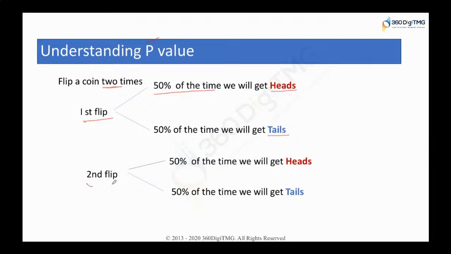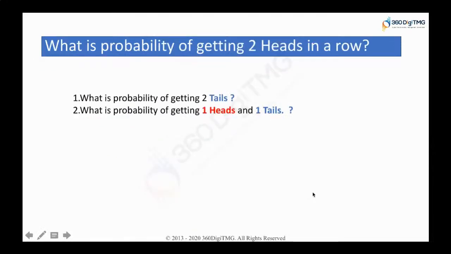When I do the second flip, again the same chance is there, 50% heads and 50% tails. Now the question comes: what is the probability of getting 2 heads in a row?